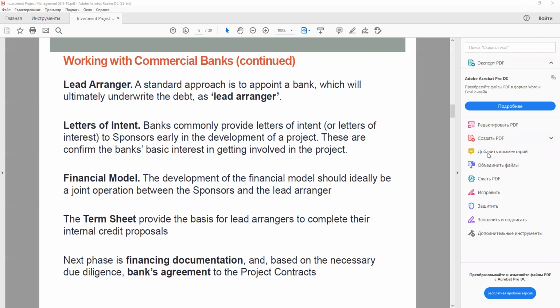The final term sheet should provide the basis for lead arrangers to complete their internal credit proposals and obtain the necessary approvals to go ahead with the loan.